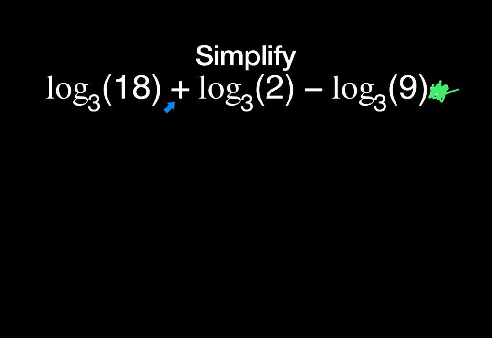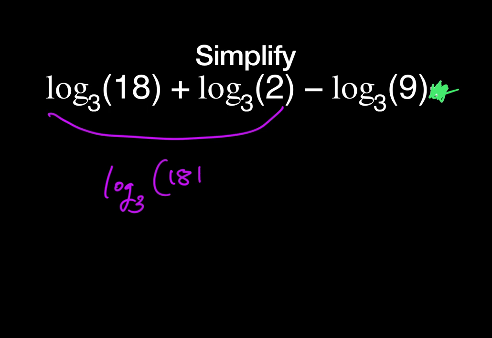So when I'm adding same bases, they can combine by multiplying. Now, I wrote plus log base 3 of 18 times 2 minus log base 3 of 9.